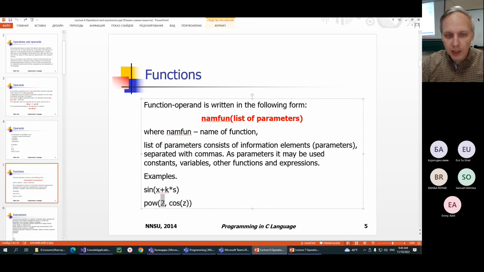Power means this number raised to the power of this number. So power of 2 and cos z means 2 to the power of cosine z. How to use functions, I will show you a little bit later, at the end of our lesson.